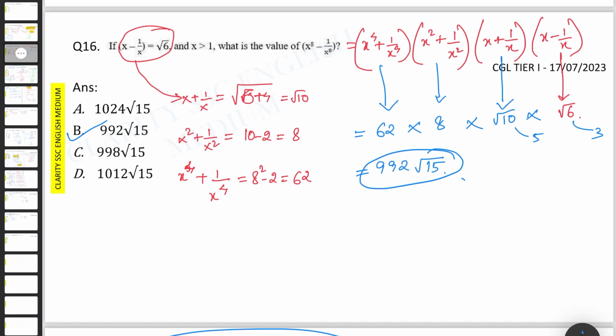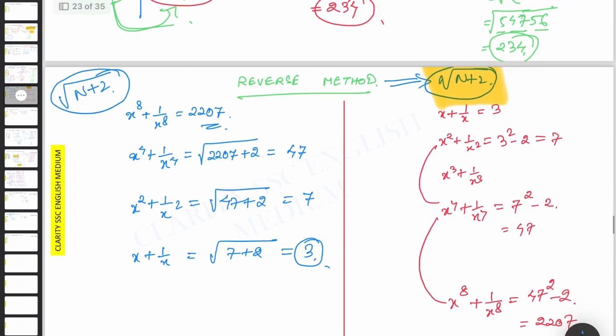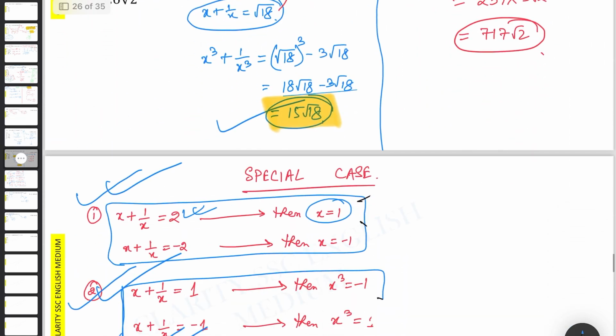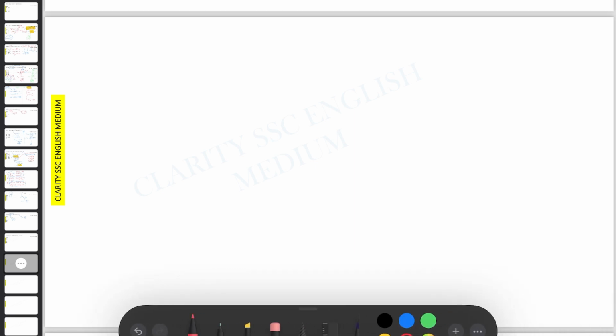Okay, these are the concepts that we have discussed. A lot of concepts in this x plus 1 by x. So I will try to give you the summary, or the gist, of today's lecture. Summary for today's lecture.